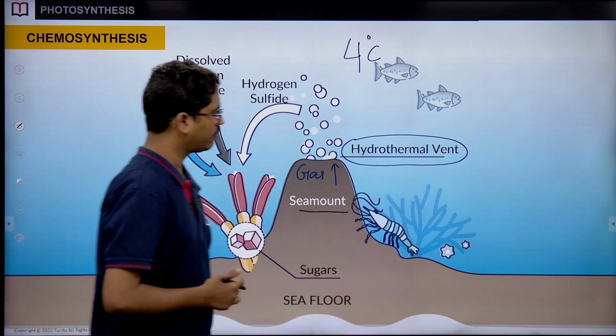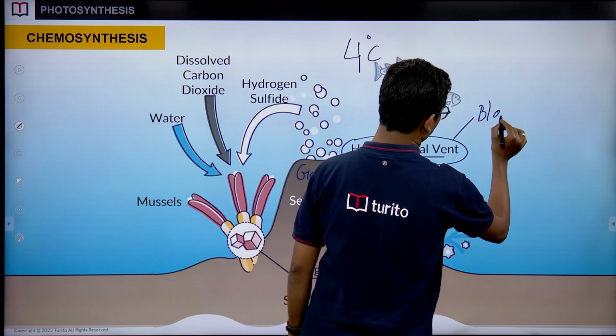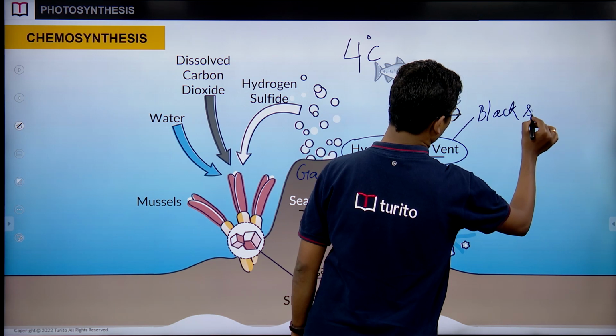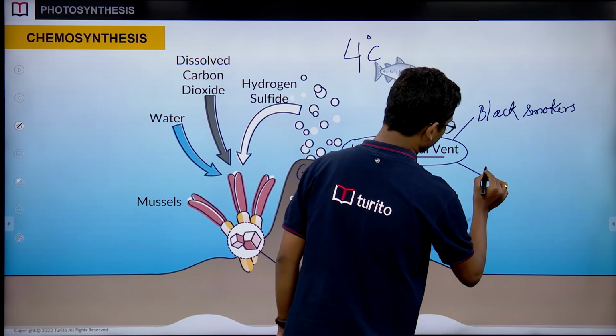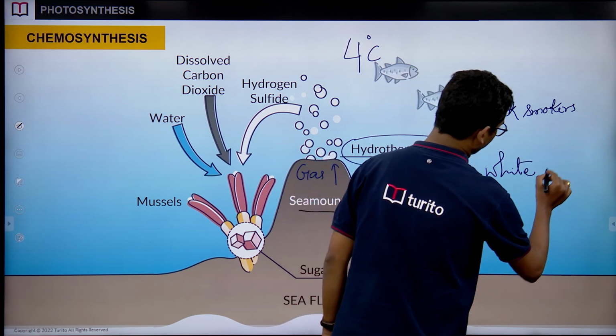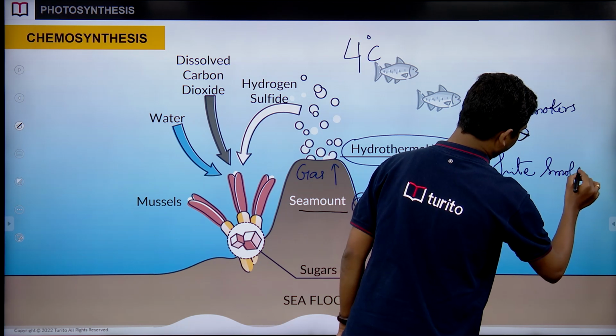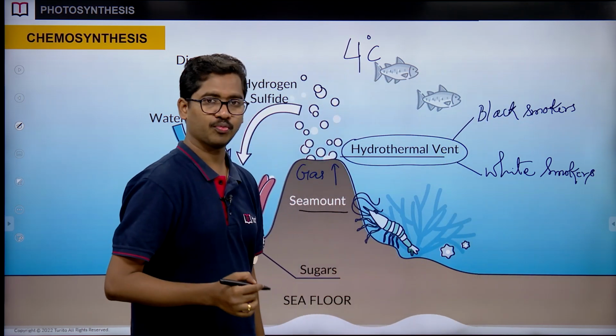These hydrothermal vents are of two types: black smokers and white smokers. You must be thinking, even in nature there are smokers.